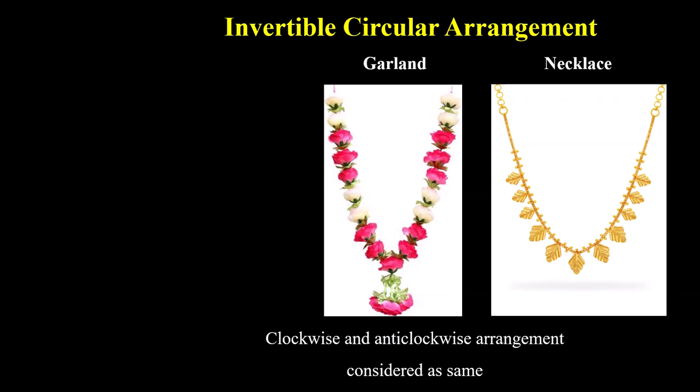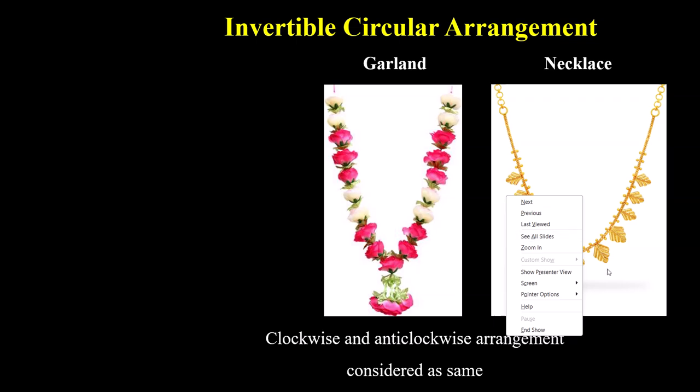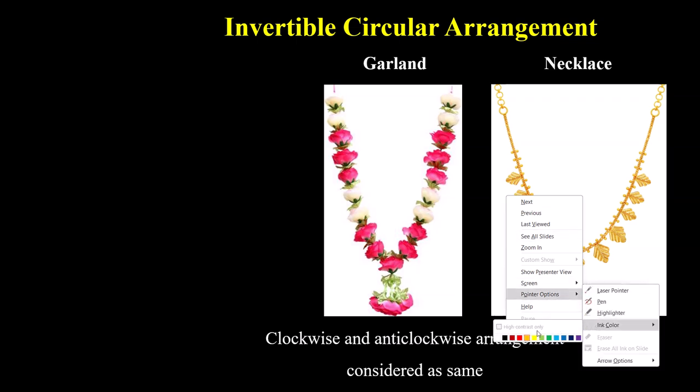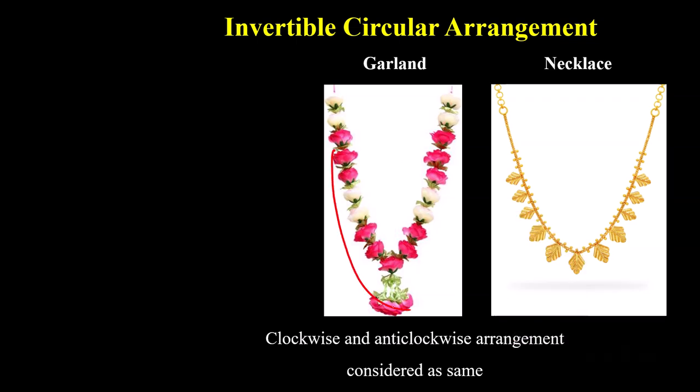Invertible circular permutation: consider the example where clockwise and anti-clockwise look the same. If I go from clockwise to anti-clockwise, it looks the same. So first two white color, then red color, then white, then red, and the symmetry is maintained.